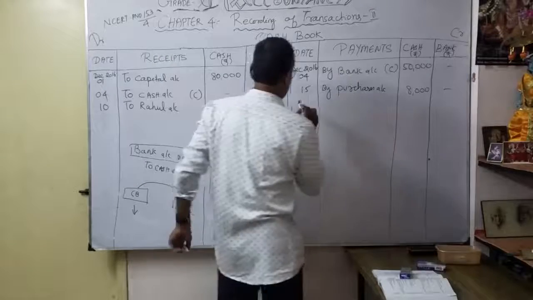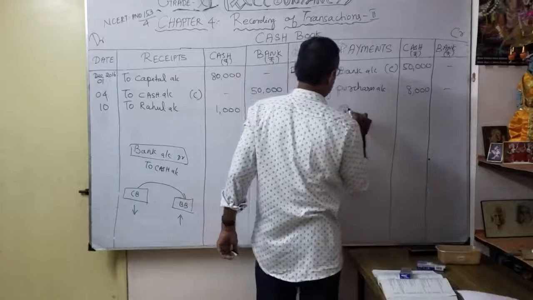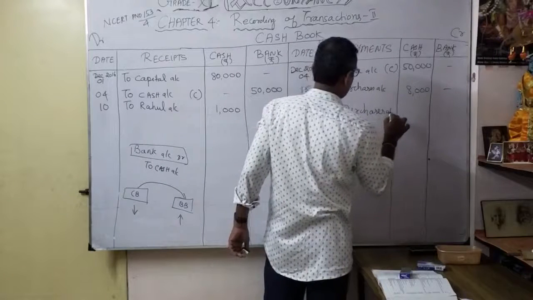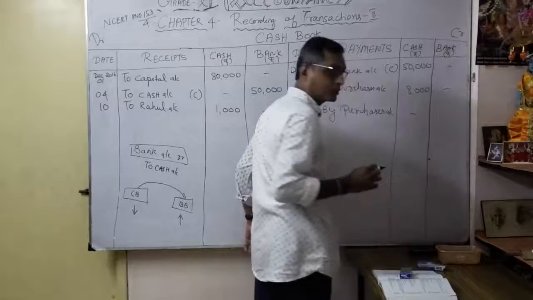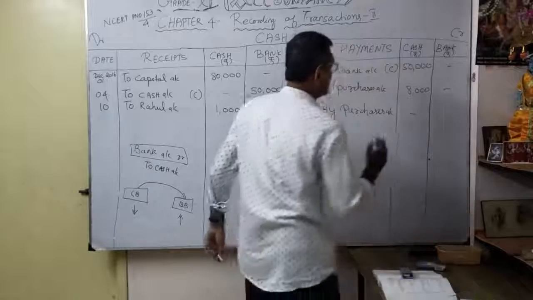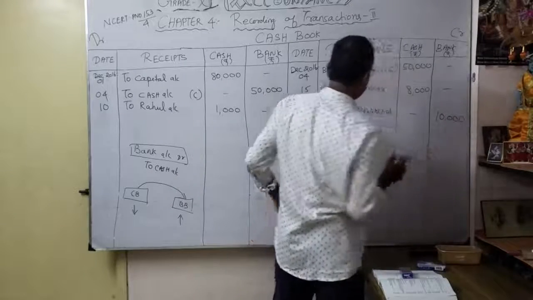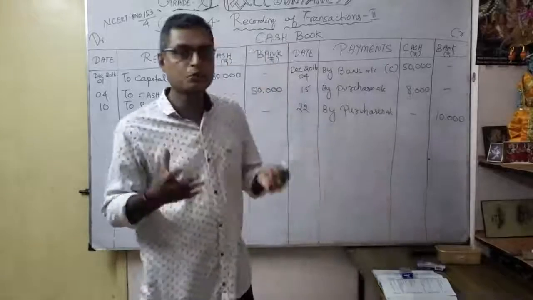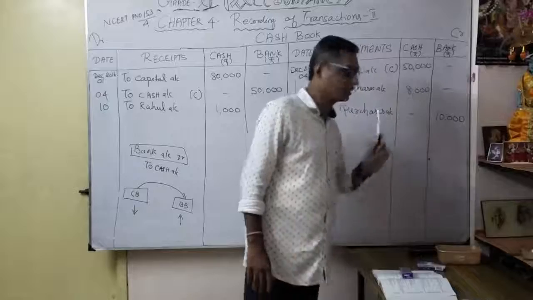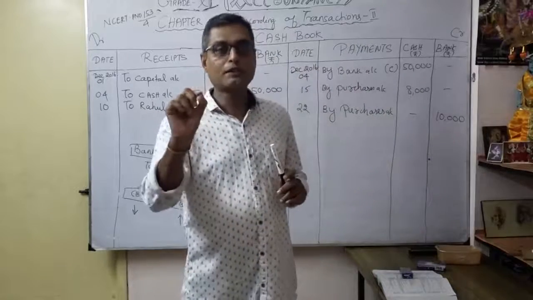So December 22, by purchases account, dash, because this is coming under check, correct? So how much? 10,000. So I have to write it in the bank column. Understood? So what is the entry? Purchases account debit to bank account. That's why in the bank account I write by purchases account 10,000. In the purchases account, suppose a purchases account is already open, to bank account 10,000.